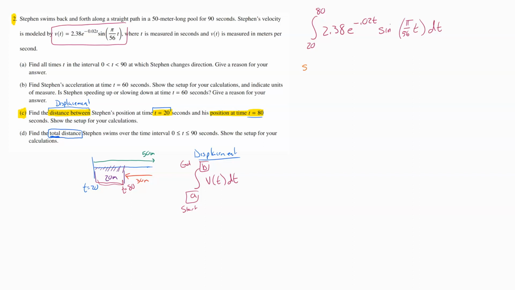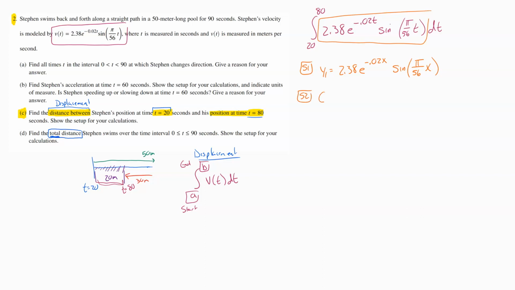In y1 on the calculator, you're going to put that velocity equation. So this would be 2.38 e to the negative 0.02, and when we type it into the calculator, you'd replace any variables, t's or whatever, with x's. So that'll be an x times the sine of pi over 56, and again x. You'll shove that into y1.